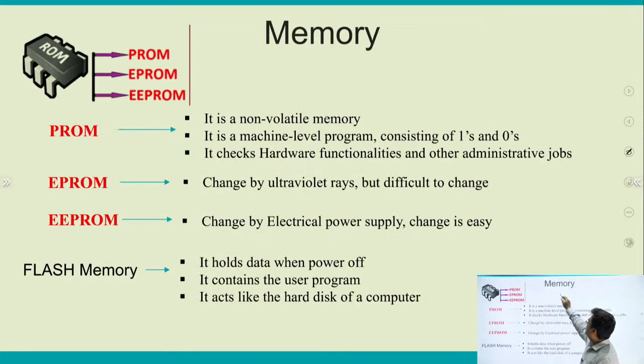If we further discuss the ROM system, it is classified into PROM, EPROM and EEPROM. The difference between them is that PROM is programmable read only memory, where the program is initially fed and cannot be changed by a person; it cannot be accessed or edited.